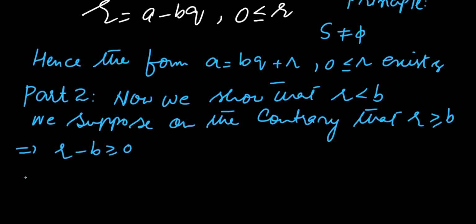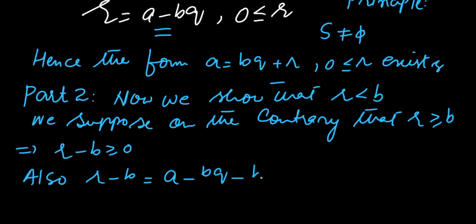But if we evaluate the value of R minus B, as my R is equal to A minus BQ, by substituting the value of R, A minus BQ here, this can be written, by taking B common from these two terms, as A minus B into Q plus 1.